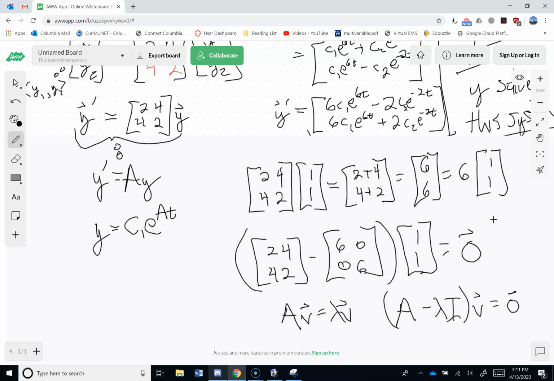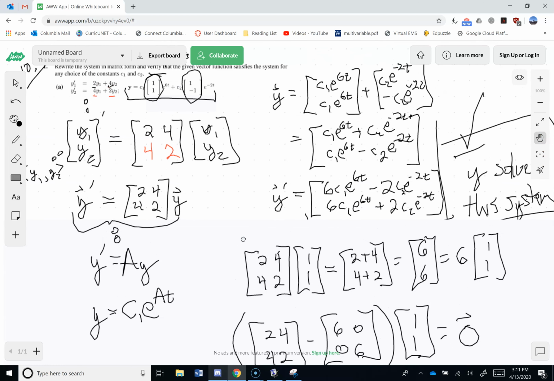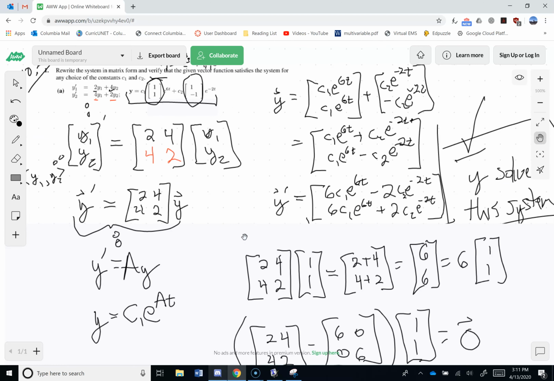Yeah, so what you might notice here is that if you have a matrix and an eigenvector, then along that vector the matrix acts like multiplication by a constant. And so if you can find the eigenvectors, then you can solve differential equations like this. I have this matrix 2, 4, 4, 2.